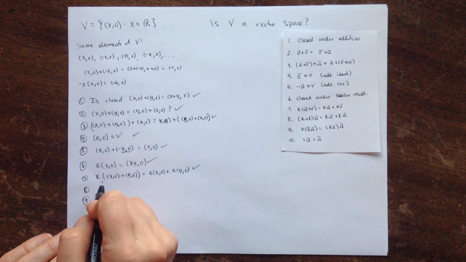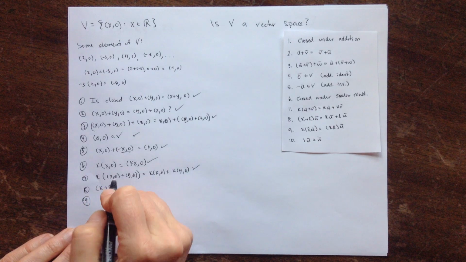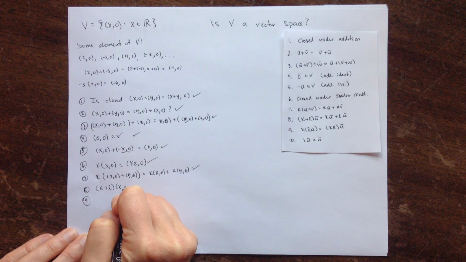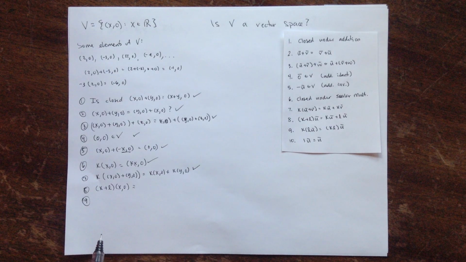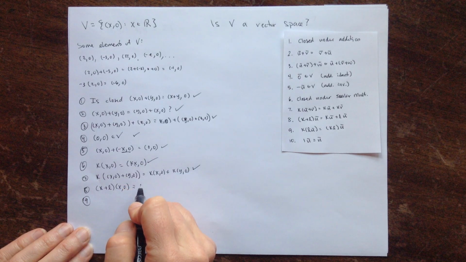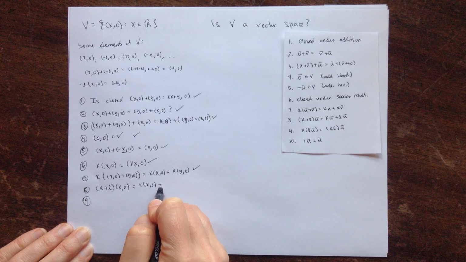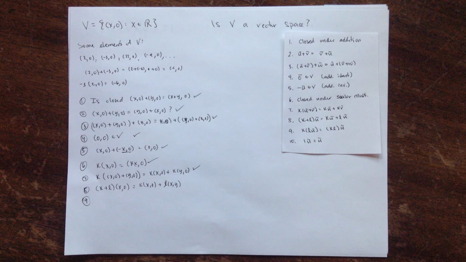And similarly for the eighth axiom here, whether you do the addition of the two scalars first and then the multiplication, or do the scalar multiplication first and then do the addition, you get the same thing.